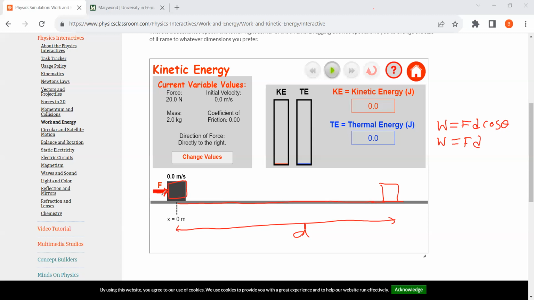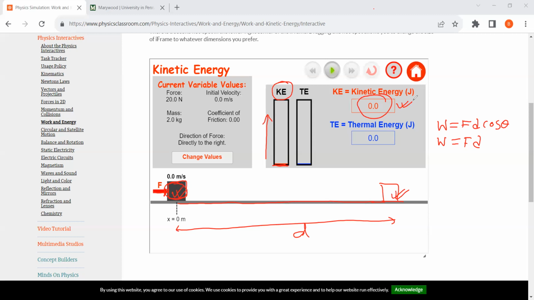Initially the kinetic energy is equal to 0, but as it moves from this position to here, you will see the bar graph change, and this number will also change.